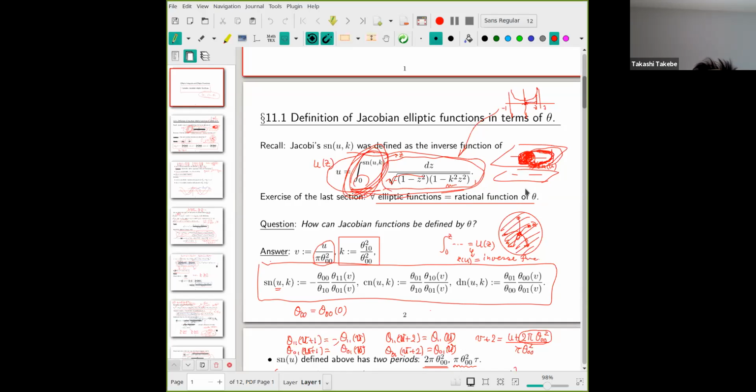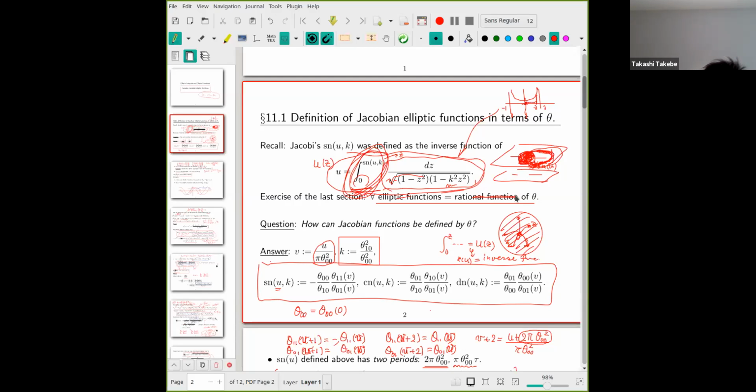It's true that rational functions, but better to say it's a ratio of theta functions. So Sn or Jacobi elliptic functions should be expressed as ratios of thetas.